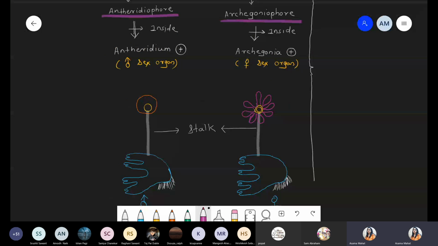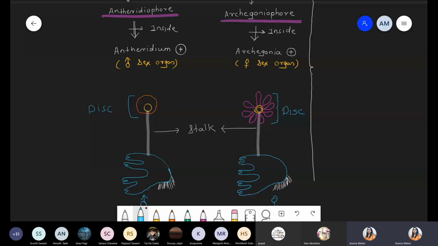If you see the lower body, it is the same, no doubt. The stalk support is also the same, no change. But where is the variation happening? The variation is with respect to the tip, and this tip structure is called the disc. So the disc varies between male and female. This part is nothing but the disc.